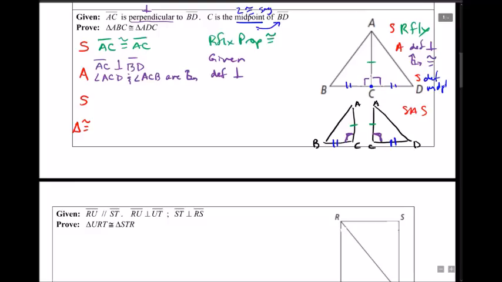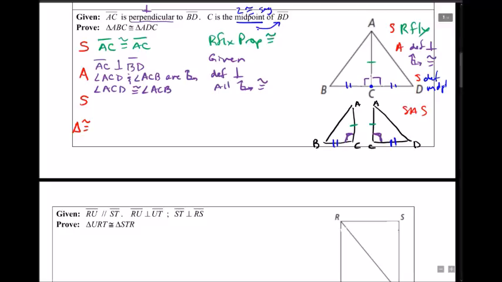And then what did that let me do? That let me say that angle ACD is congruent to angle ACB because we know that all right angles are congruent. All right, and then how did I get my last side here?